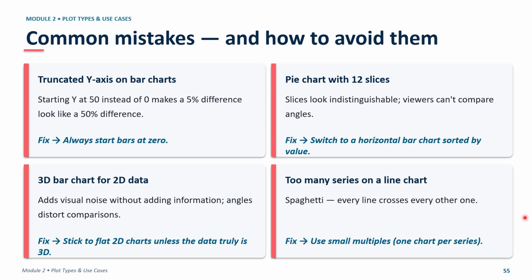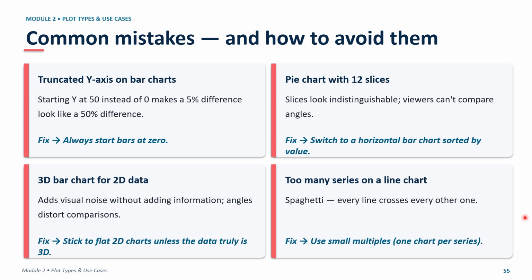Next, a pie chart with 12 categories has slices of 3 to 10 degrees each. The human eye cannot distinguish between these angles. So rather than a pie chart, you can switch to a horizontal bar chart sorted by value. The other mistake we generally make is a 3D bar chart for 2D data.